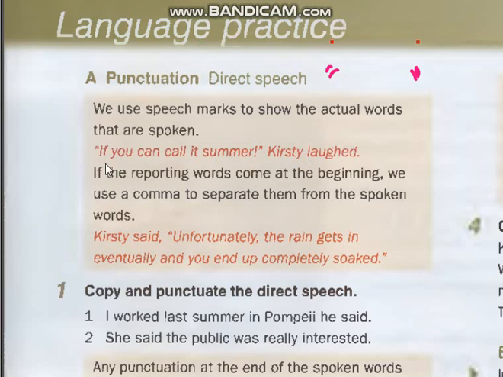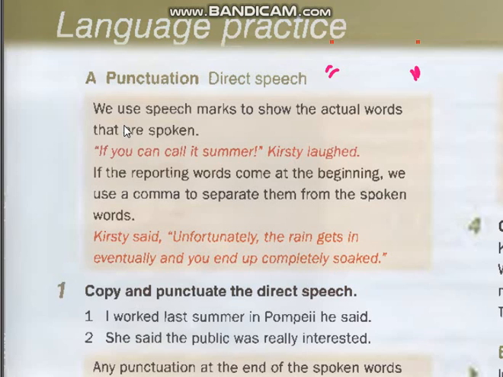Look here, we add speech mark here and another speech mark here. Notice here that we add the exclamation mark inside or between the speech marks. Any punctuation mark we add goes inside the speech marks, inside the speech marks, and at the end of the spoken words.